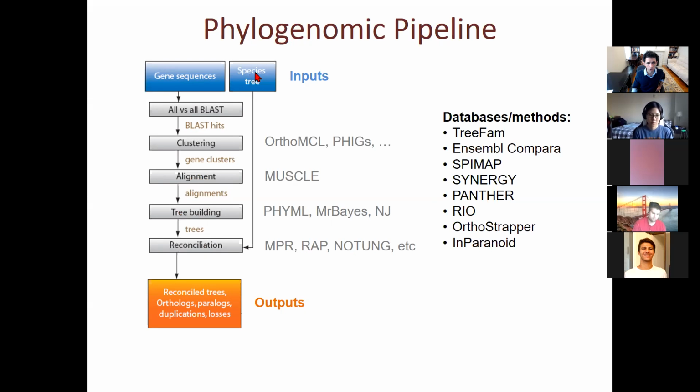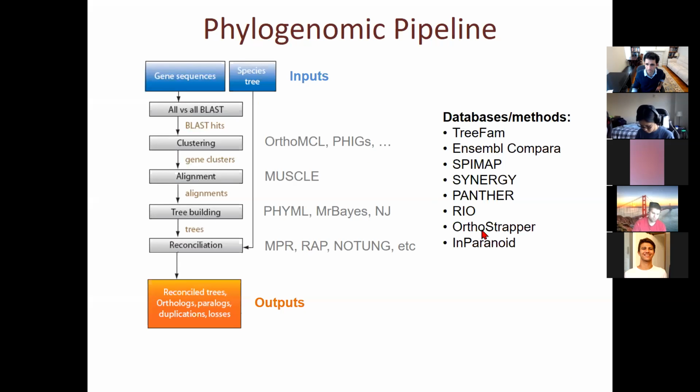But the species tree only comes at the end when it's time for reconciliation. And then based on that reconciliation, you can infer reconciled trees, orthologs, paralogs, duplications, and losses.